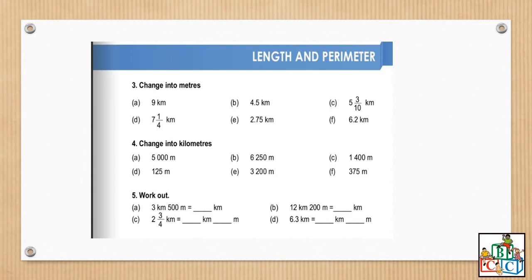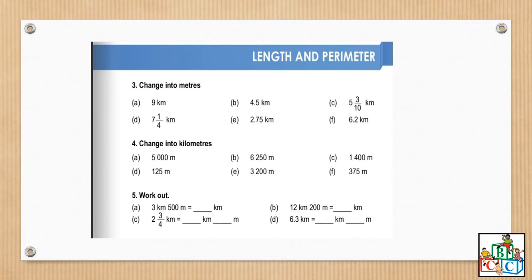Number B, 4.5 kilometers. How many meters? You will have to multiply by 1000. 4.5 multiplied by 1000. You will have to move the decimal point to the right. I hope it's clear.